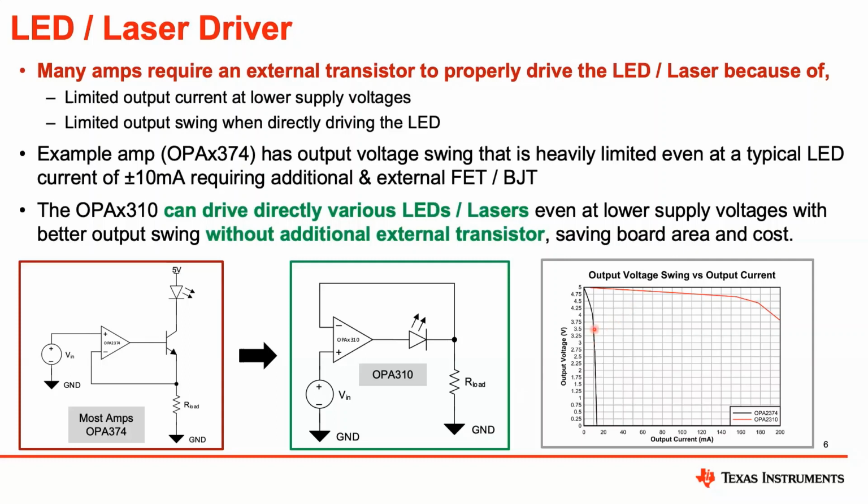And I'll go over that in a few slides from now, but you're going to want to make sure you have enough tolerance, enough headroom to be able to properly account for these kind of parameters when designing the circuit. And so I wouldn't recommend using a direct drive circuit for the OPA 374 like the OPA 310 has.